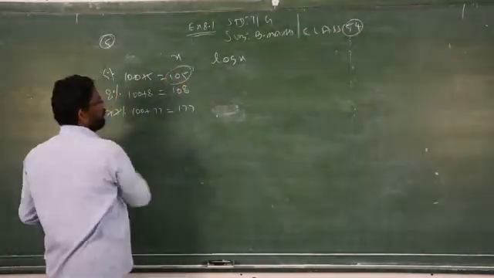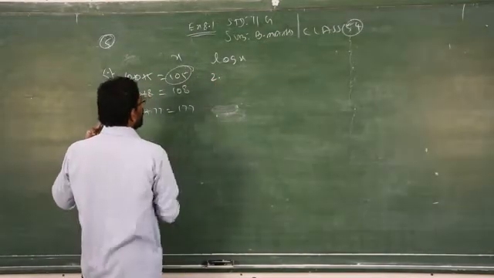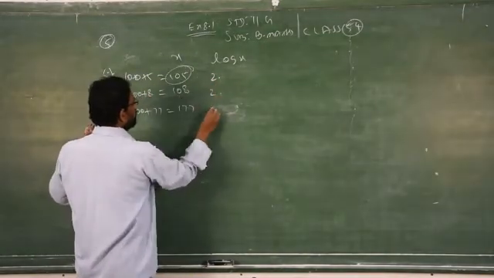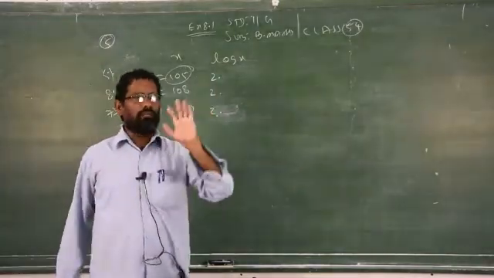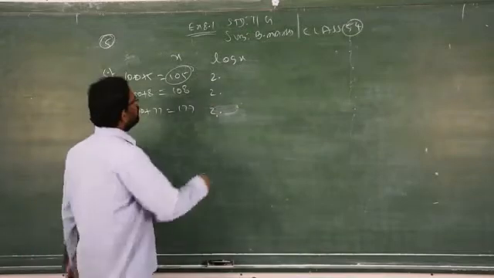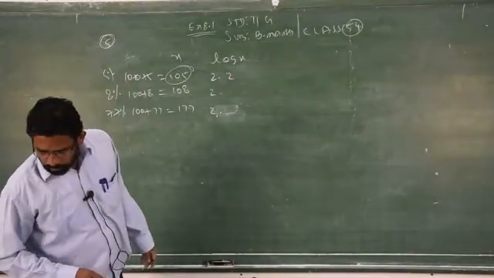How many digits are there? 3 digits. Number of digits minus 1, that is 2. Number of digits minus 1. So how to find the logarithm? 10 under 5. That answer is 2.0221.